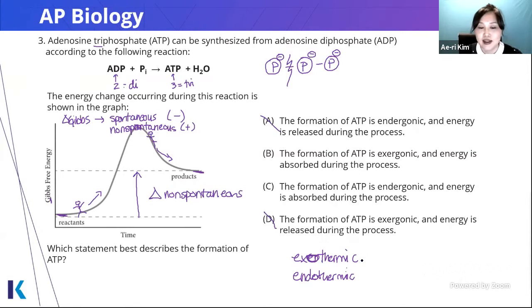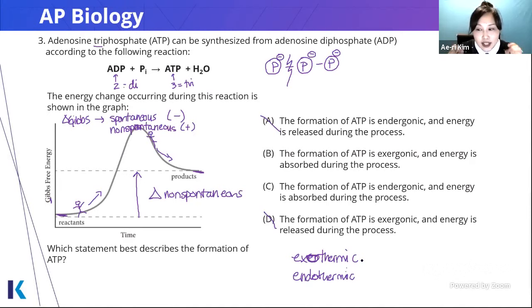I'm trying to think of something like our body. If we run around, you get kind of hot. That's because the breakdown of glucose to form ATP and then the ATP being used is an exothermic process. It's giving off energy. Exergonic, energy is exiting.